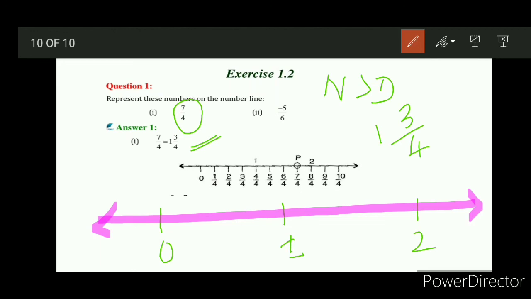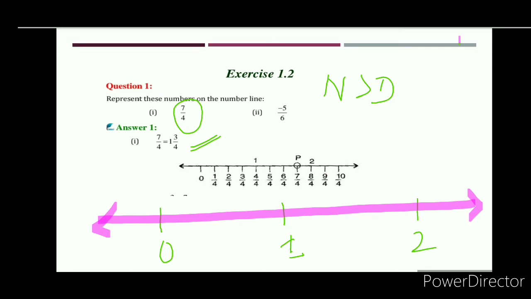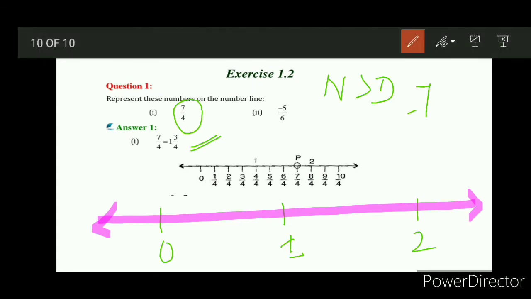Now here there is no need of converting and writing. Directly we can write. Look at the denominator of the given number, that is 7 by 4, right? We should make each interval, 0 to 1 and 1 to 2, into 4 equal parts.